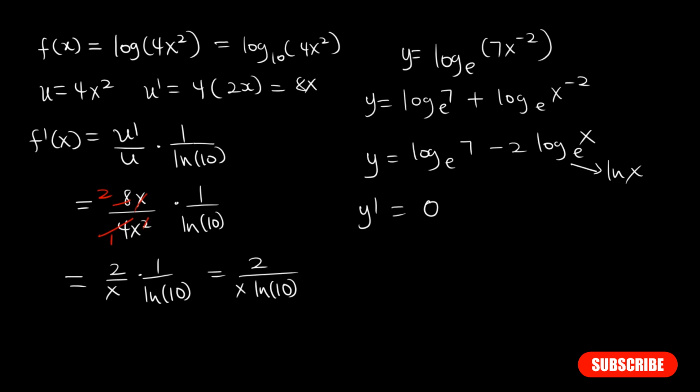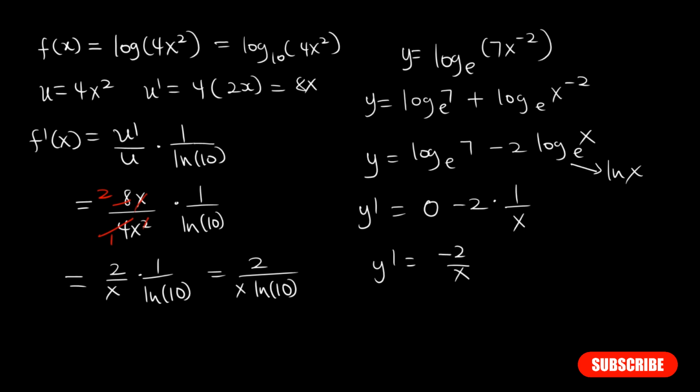We know that the derivative of ln x is 1 over x. So that will be minus 2 multiplying 1 over x. So I'm going to have y prime equal to minus 2 over x. That will be the derivative of this function also.